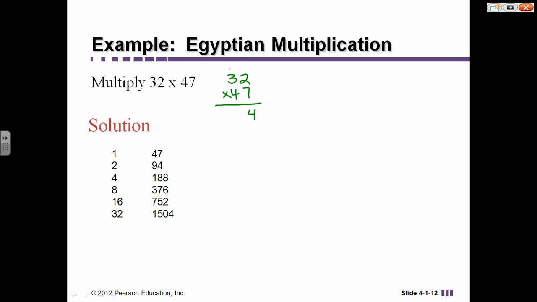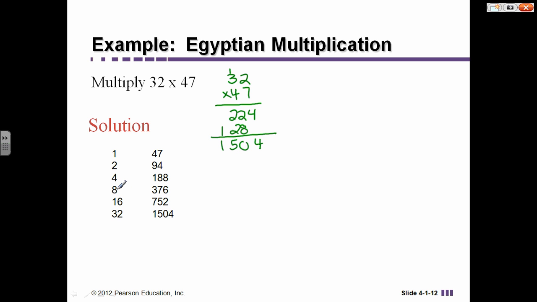We carry the 1. 7 times 3 is 21, and the 1 is 22. 4 times 2 is 8. 4 times 3 is 12. And so those two numbers multiplied together is 1,504.